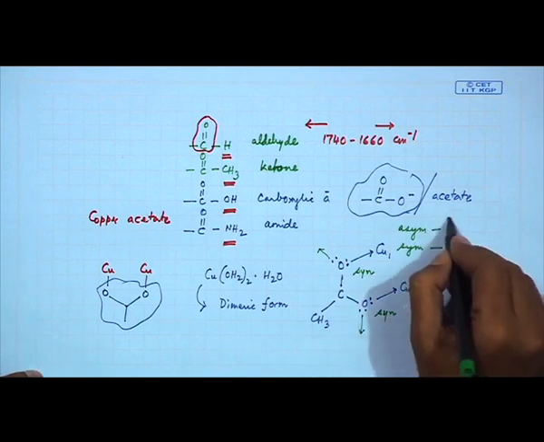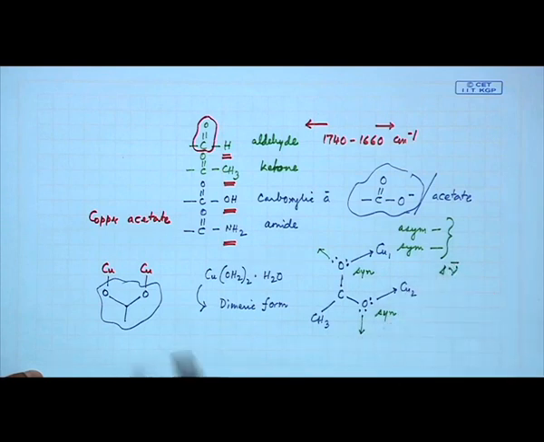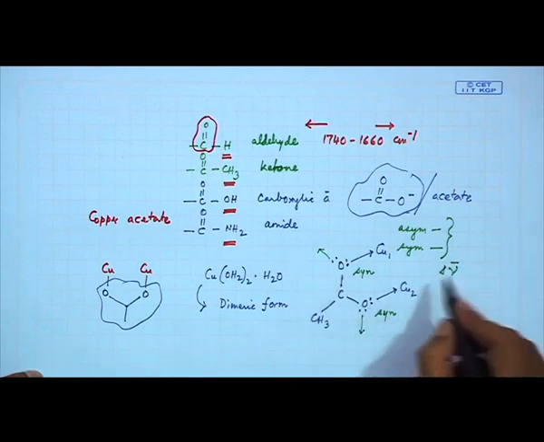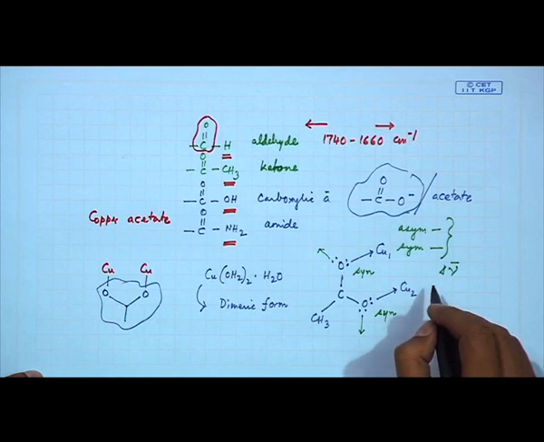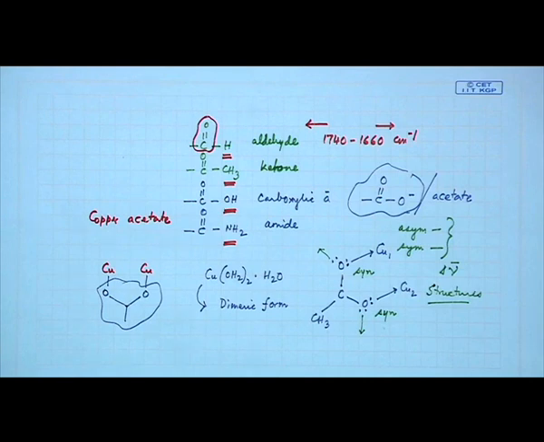That change, the delta nu bar, is also very characteristic for the type of bonding. So, the IR spectrum can give rise to the identification of the structures of these very simple molecules, which are nothing but typical metal salts.